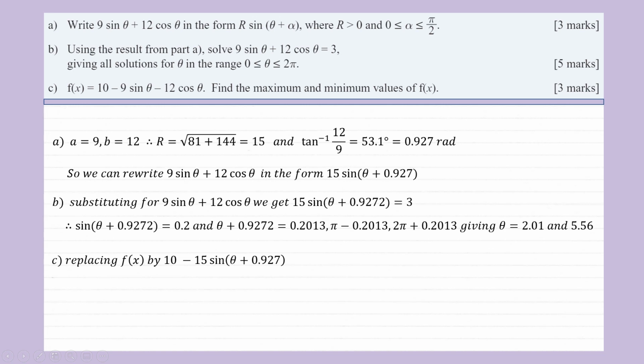That 9 sine theta plus 12 cos theta has been subtracted from 10, so that our function f of x is in fact 10 minus 15 sine (theta plus 0.927).